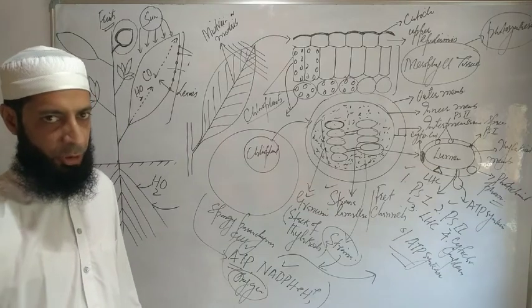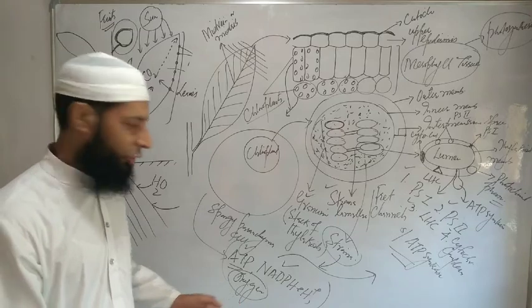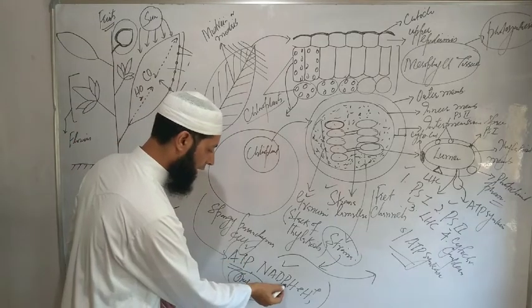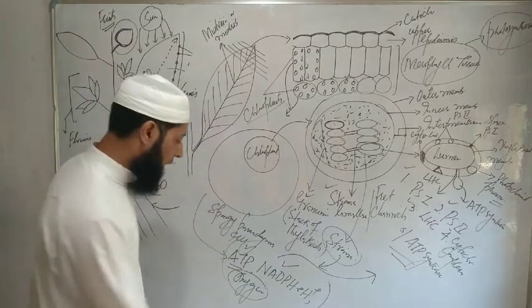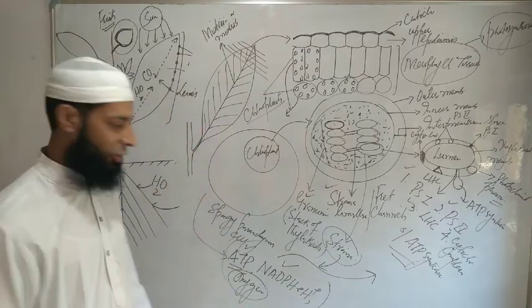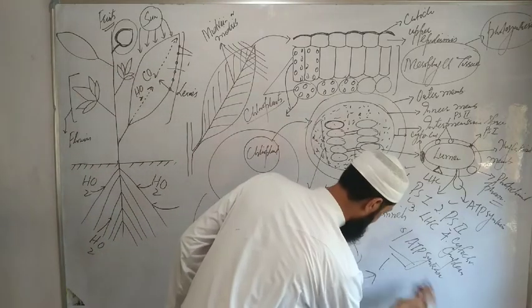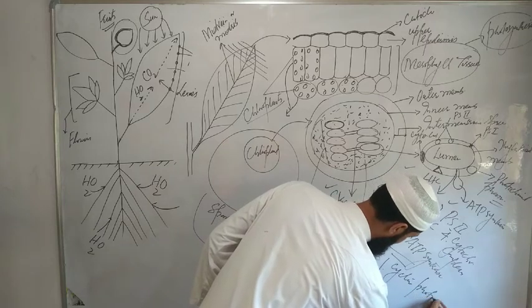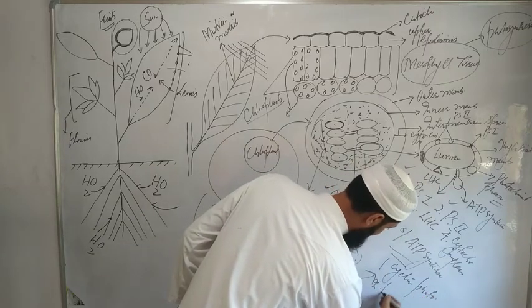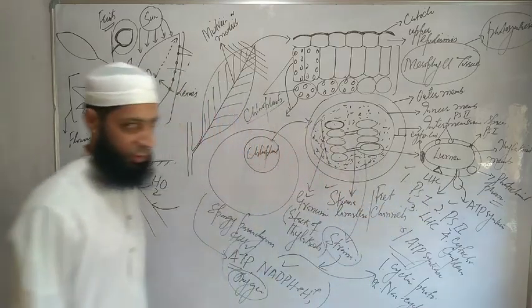That is, the photochemical reaction is further divided into two subphases on the basis of production of ATP, reducing power, that is NADPH plus H positive, and oxygen. On that basis, the photochemical phase is divided into two phases. One is called cyclic photophosphorylation and the second is called non-cyclic photophosphorylation.